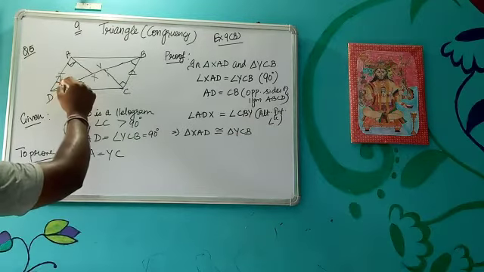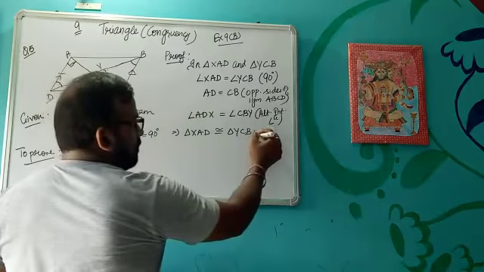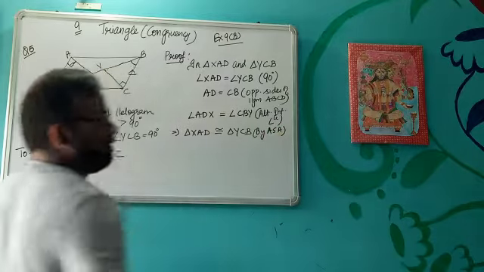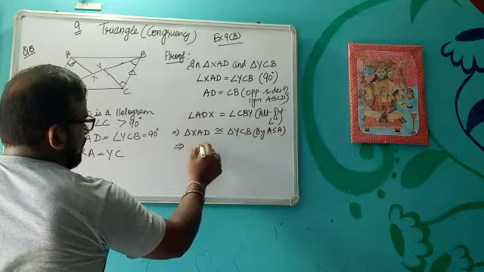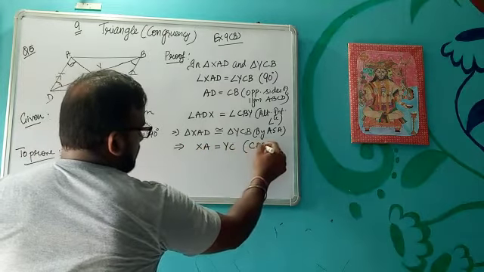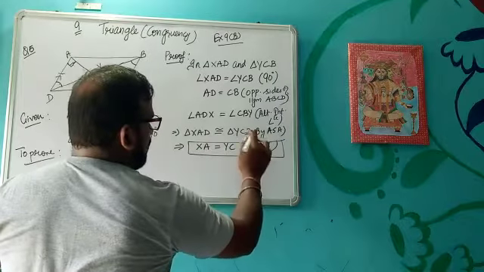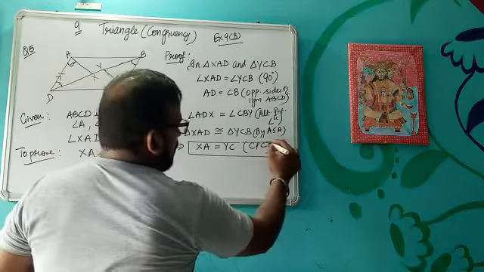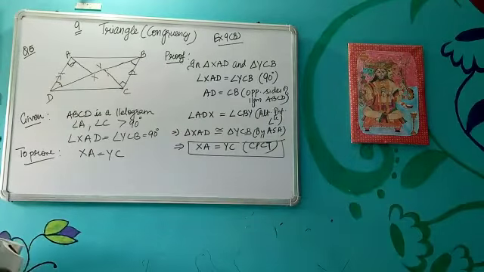This is angle, this is side, and this is angle. So by angle, side, angle. And now since they are congruent, we can say that XA will be equal to YC by CPCT, since the triangles are congruent, the remaining sides which we have to prove should be equal by CPCT.